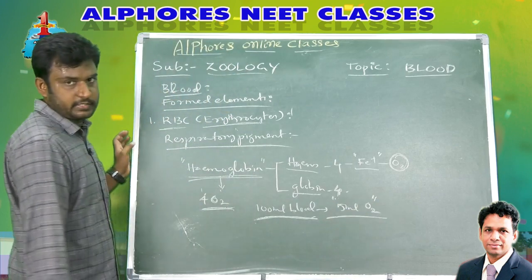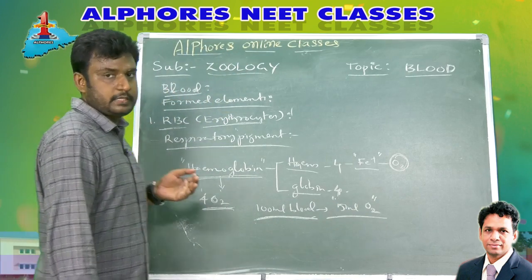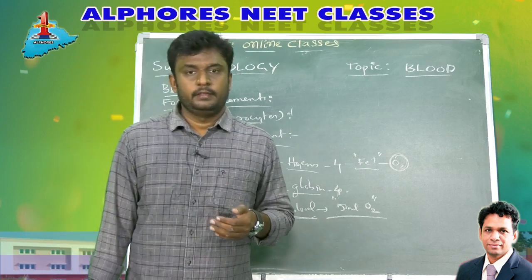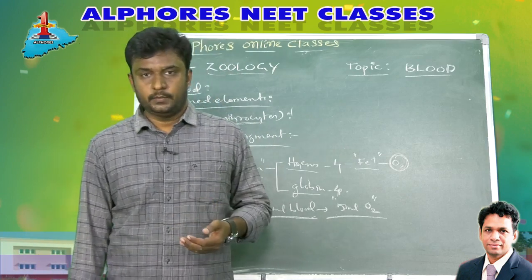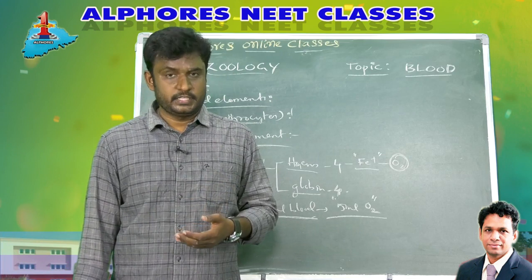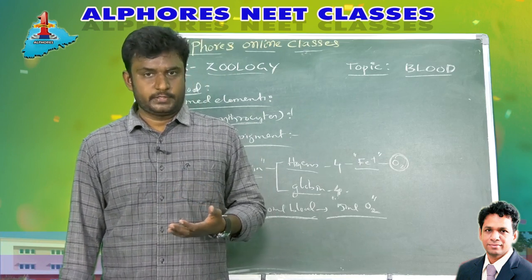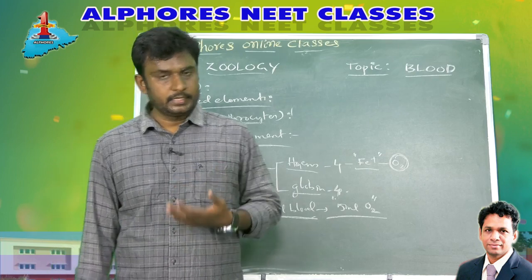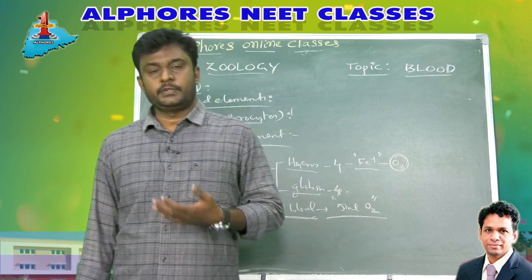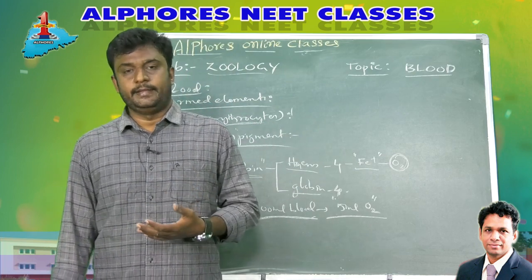When oxygen combines with the hemoglobin, it converts into oxyhemoglobin, which is called oxygenation. Oxygenation of blood: at the lungs, oxygen combines with the hemoglobin, so it is called oxygenation of blood.